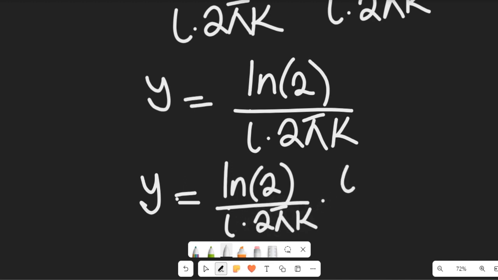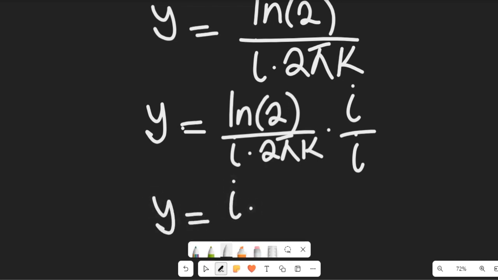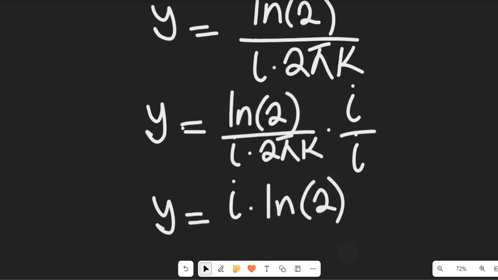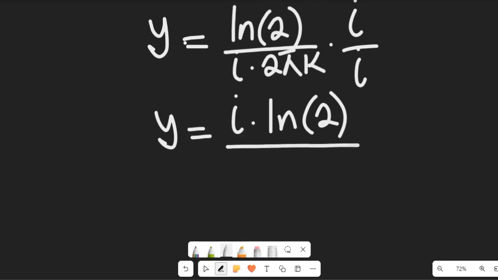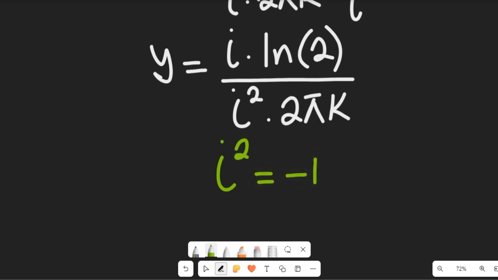So we'll have the natural log of 2 divided by imaginary multiplied by 2 pi k, and when we multiply this by imaginary divided by imaginary, from the denominator we'll have our y to be equal to the imaginary multiplied by the natural log of 2, and that will be divided by imaginary square multiplied by 2 pi k. Great. So recall that from our complex number, the imaginary square is equal to -1, right?